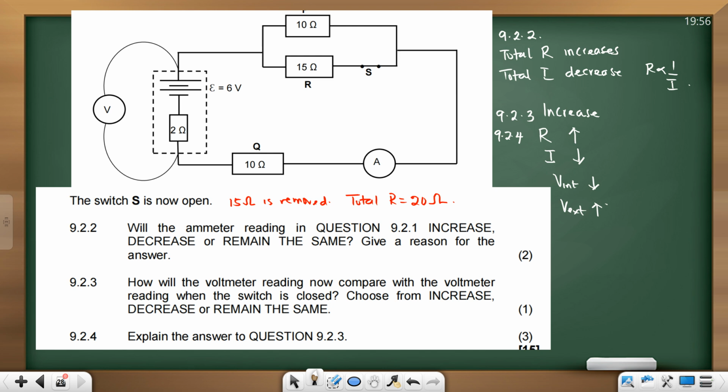Then 9.2.4, revive. I was going to say this question is negative marking. Because if your 9.2.3 is wrong, we don't even read 9.2.4. That's why, if you notice what I did now, I answered my 9.2.4 first, then I went back to write my 9.2.3.